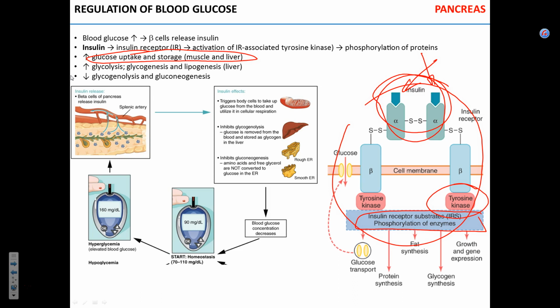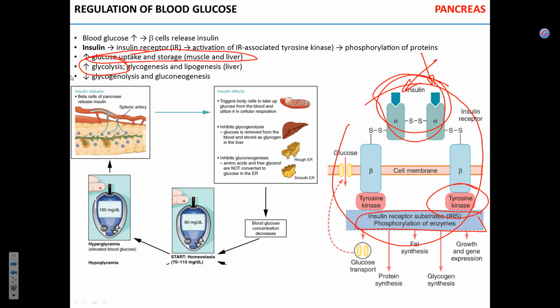The first step starts with G, glycolysis. So, the more glucose you have, the more glycolysis you have. Does that make sense? So that glucose uptake leads to elevated glycolysis levels. We clear?